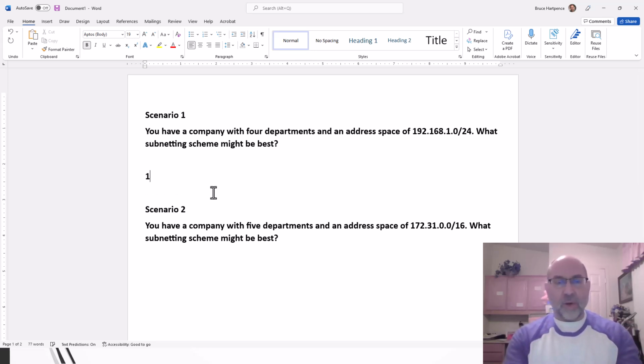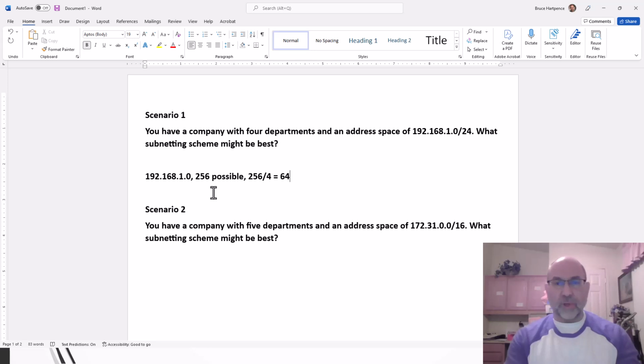So this is 192.168.1.0. What do we know about this address space? We know that there are 256 possible addresses. If these subnets are going to be the exact same size, then 256 divided by 4 is equal to 64 nodes per subnet.